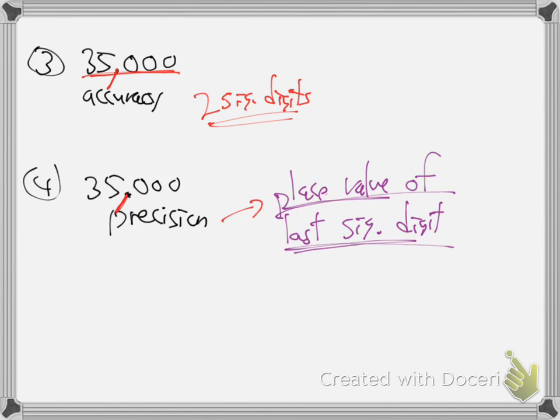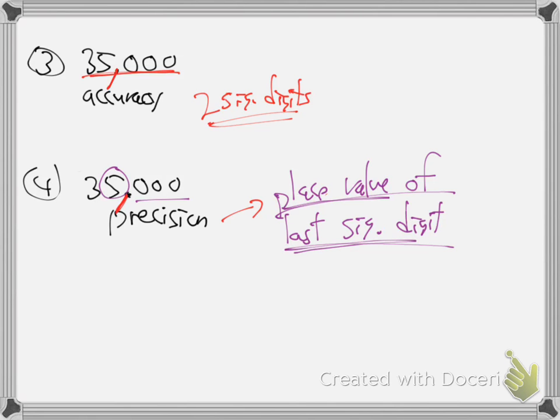Place value of last significant digit. Which digit up there? The 3, the 5, the first 0, the second 0, the third 0? Are these zeros significant? No, because they're not after a decimal. So what's the last digit that matters? The 5. The 5 is the last digit that's significant.